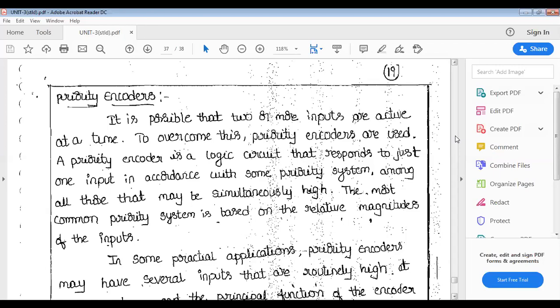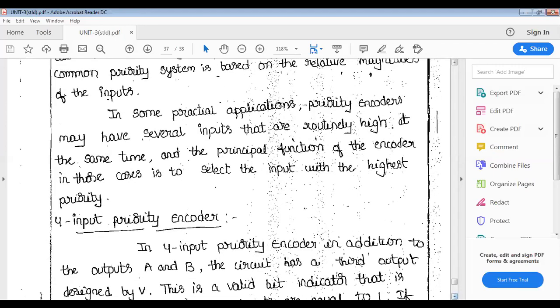In some practical applications, priority encoders may have several inputs that are routinely high at the same time. The principal function of the encoder in those cases is to select the input with the highest priority, to which you have to give the highest priority.